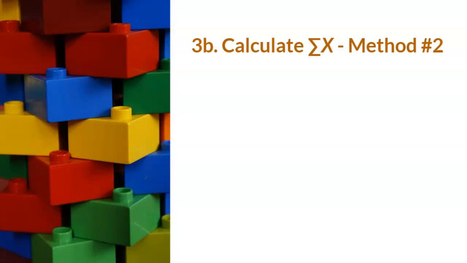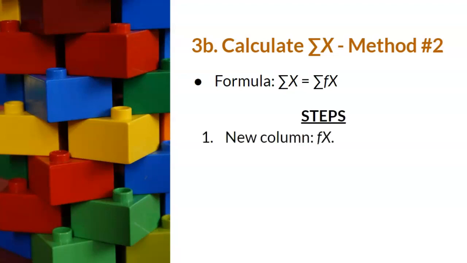This method requires a new formula. Sum of x equals the sum of fx. This formula asks you to multiply each f value with the corresponding x value and then add them up. Step 1 is to add a new column to the original frequency table and label the column fx.